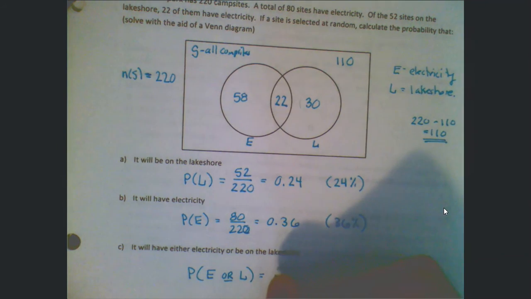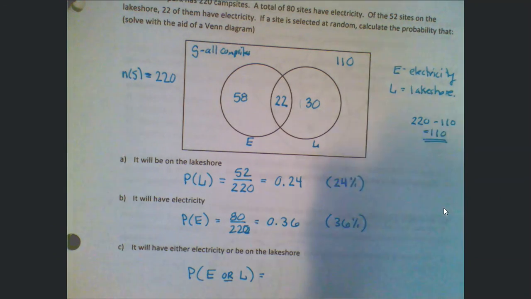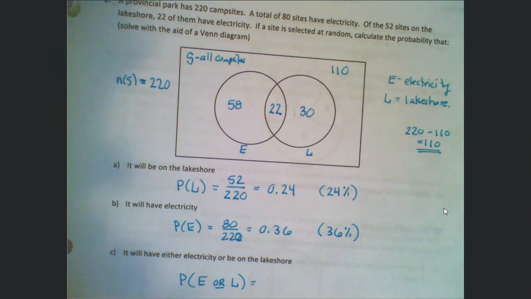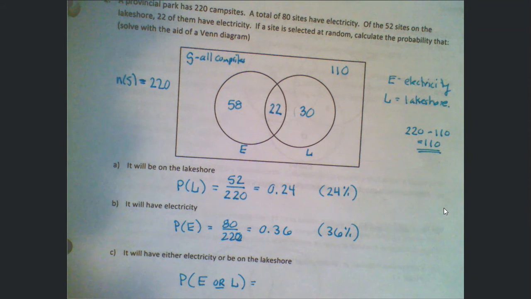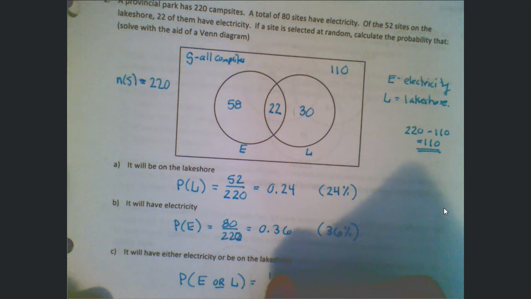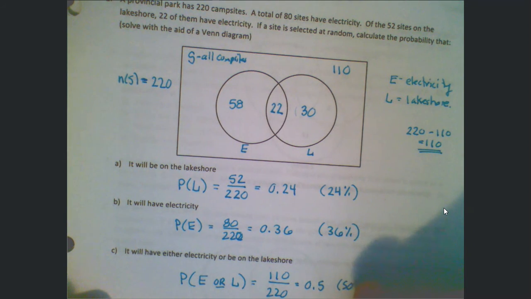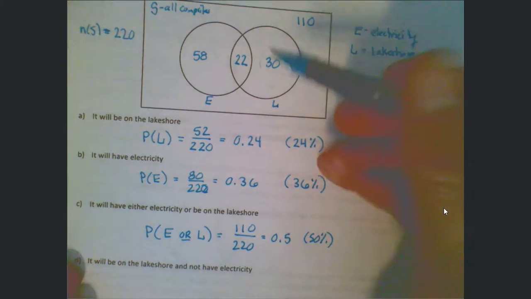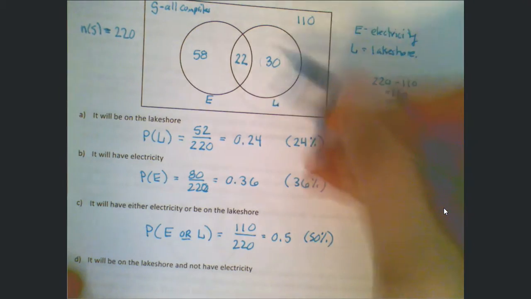You could simply add up 58, 22, and 30. 58 plus 22 is 80 plus 30, it's 110 over 220, 0.5, or 50% chance that it will be either of these two things. So "or" is the union of these sets, so we have to include all of it.